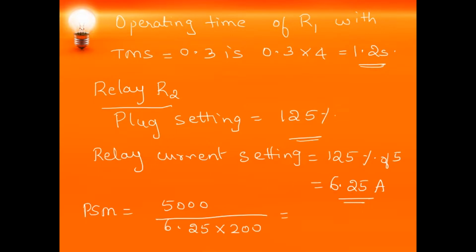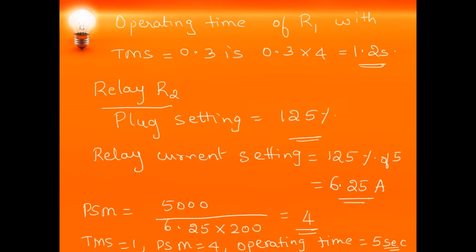The answer for this is equal to 4. So PSM for relay 2 is 4. For TMS 1, PSM 4, from the table the operating time is 5 seconds.